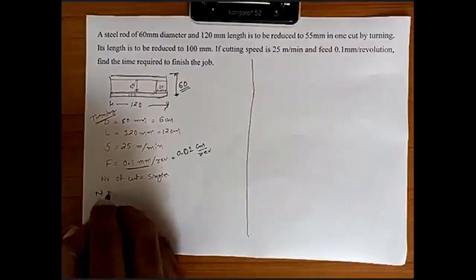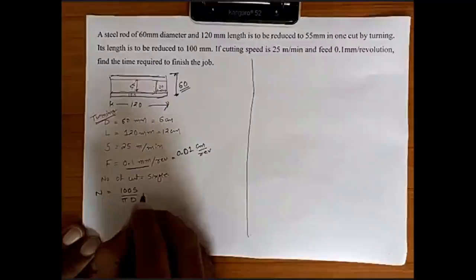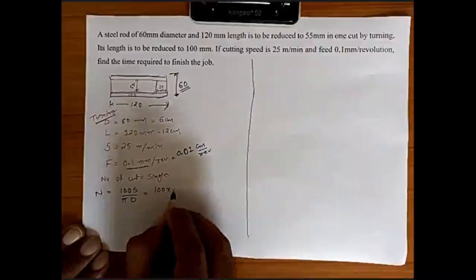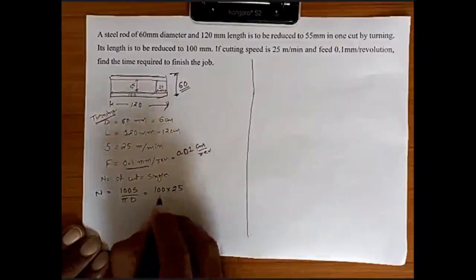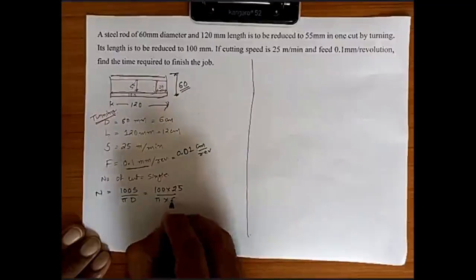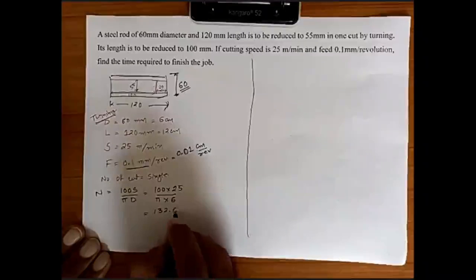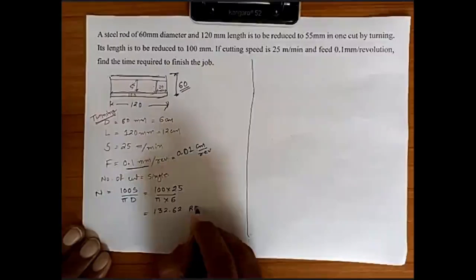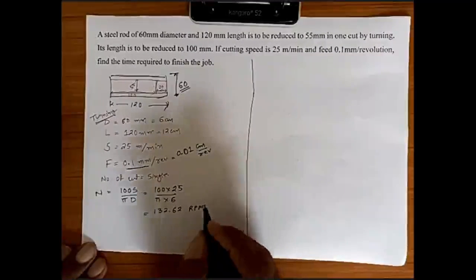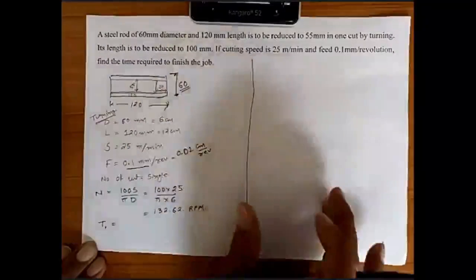Find out the RPM: N is equal to 100S upon pi D, 100 into 25 upon pi into 6 centimeter, 132.62 RPM. Now the time T1, because we have two operations, turning and facing.